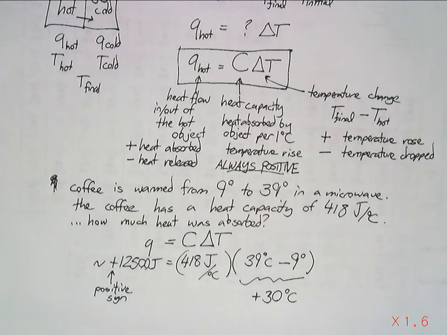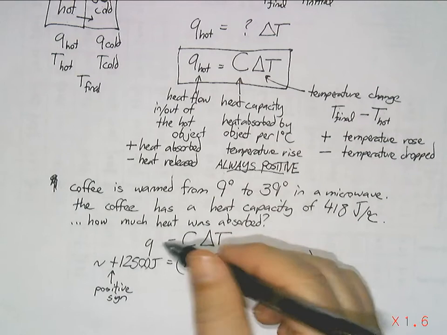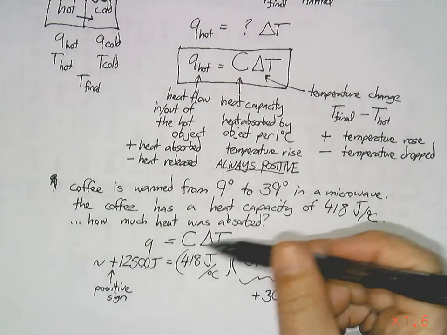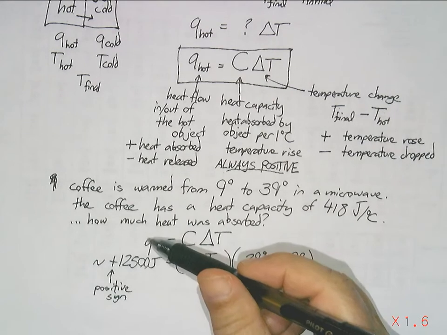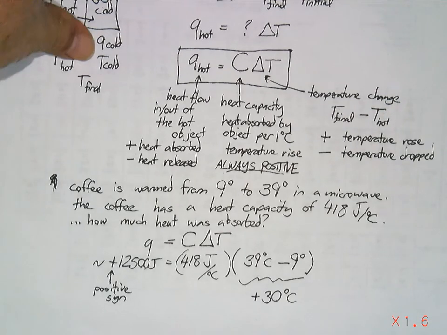Okay, so we can use this equation so that if I give you any two of these things in this equation, you can find the third thing. On your worksheet, you've got a problem where you're trying to find what the heat capacity is, given the Q and given the delta T. Now, you can also see this equation in a different form.